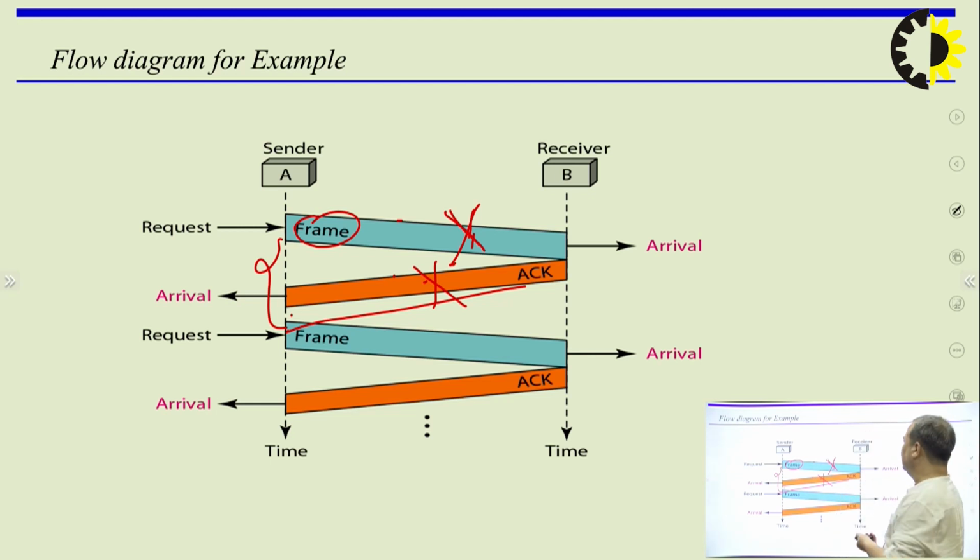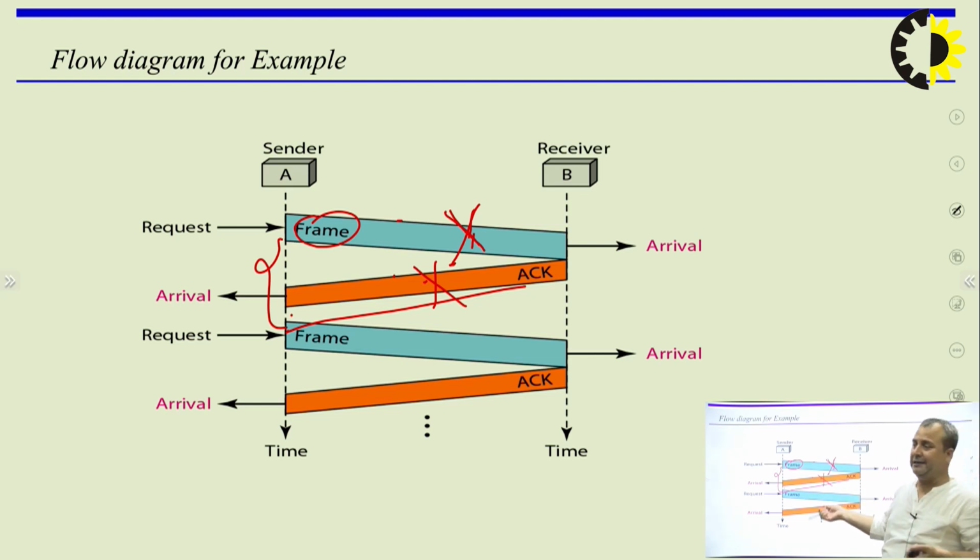So to overcome this, there is another technique called the sliding window protocol, in which the sender would not wait. There is a window, and the sender continuously sends frames without receiving the ACK. In stop and wait, the moment it receives the ACK, then it sends.